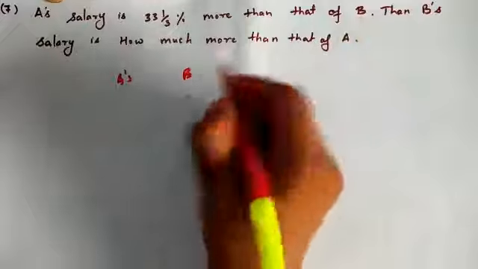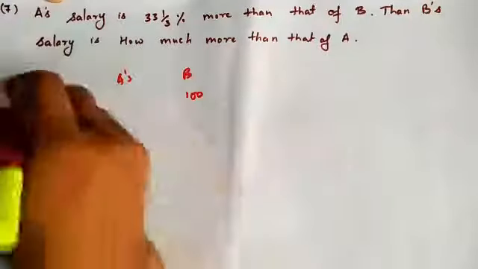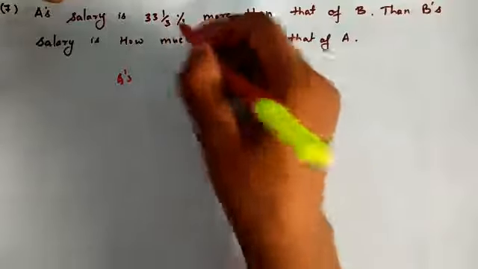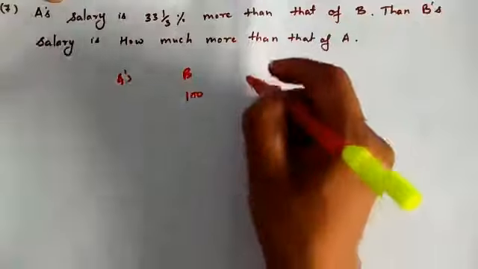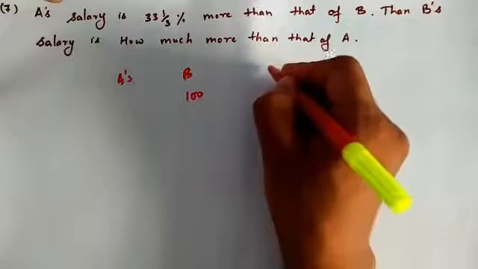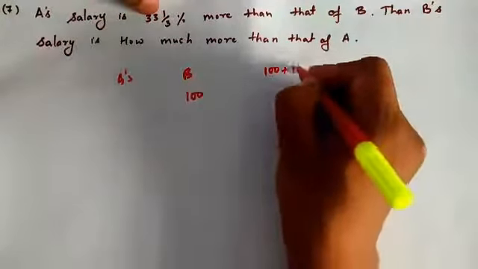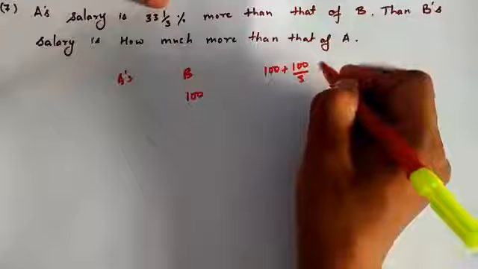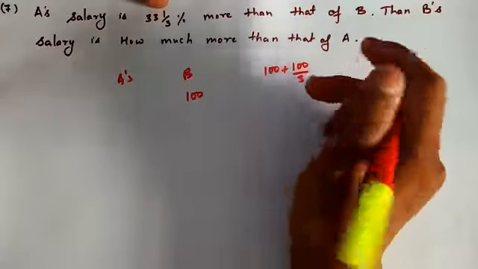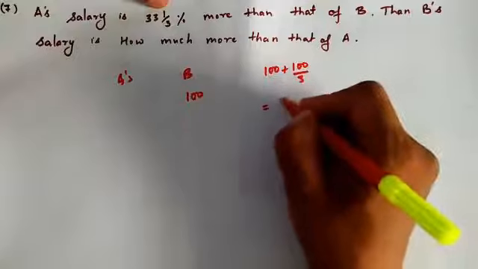If B's salary is 100, then A's salary is more by 33 1/3. Here 33 into 3 is 99 plus 1 is 100, so it is 100/3.